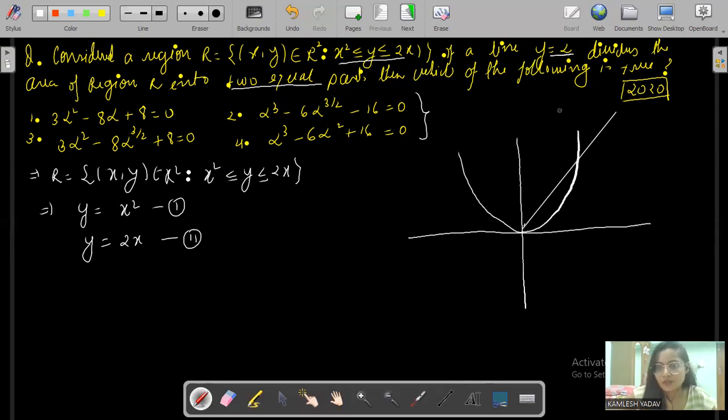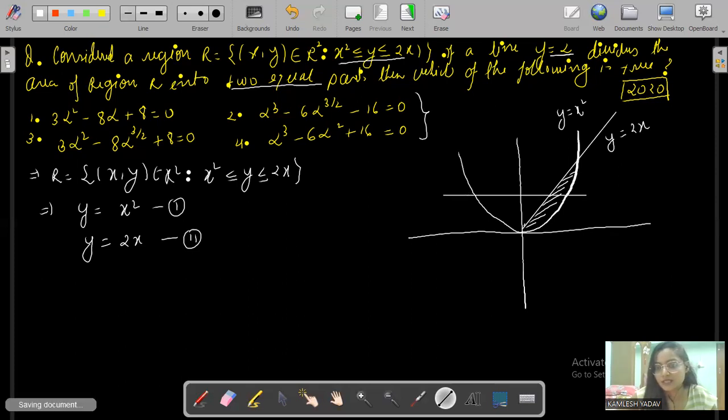So this equation is y = x² and this equation is y = 2x, and this is the region. Also in this question, y = α divides this area into two equal parts, so we can also draw y = α.